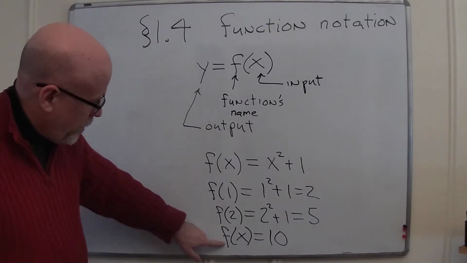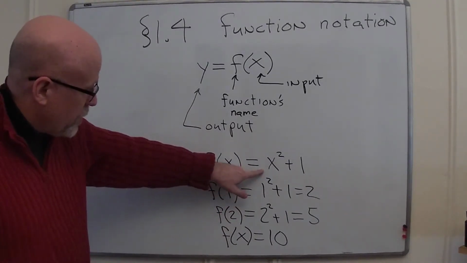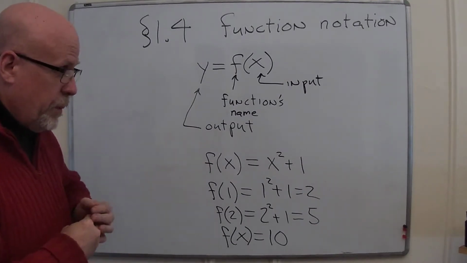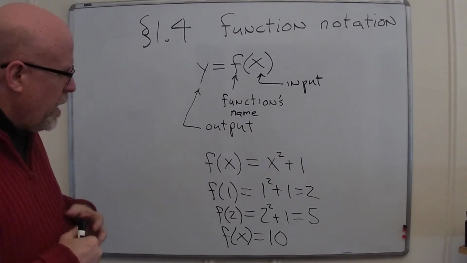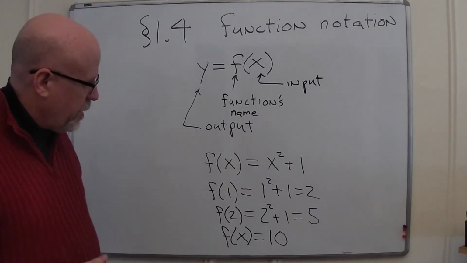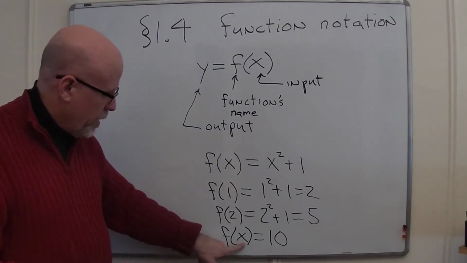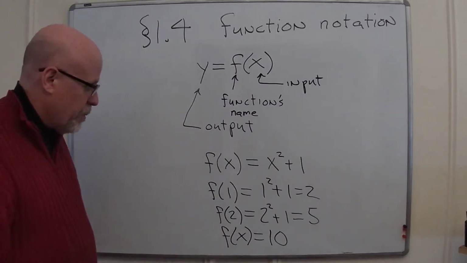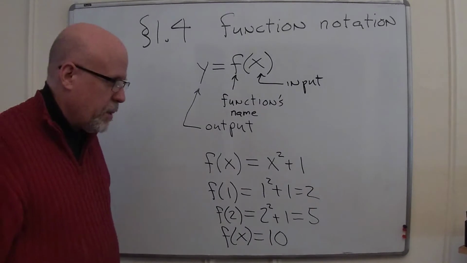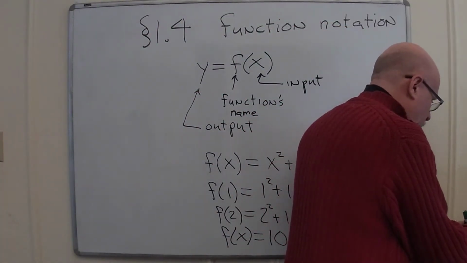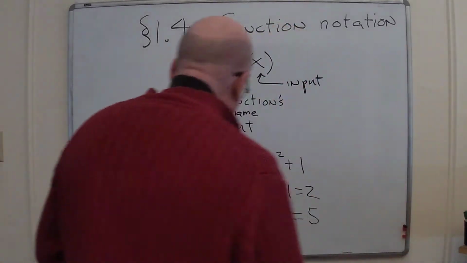And usually it means going back to the way the function was defined and doing a little bit of algebra. A lot of the hard work in algebra is about solving that kind of thing, where you don't know what the input value is. They've specified an output value, and your job is to reverse things and figure out what the input value is.